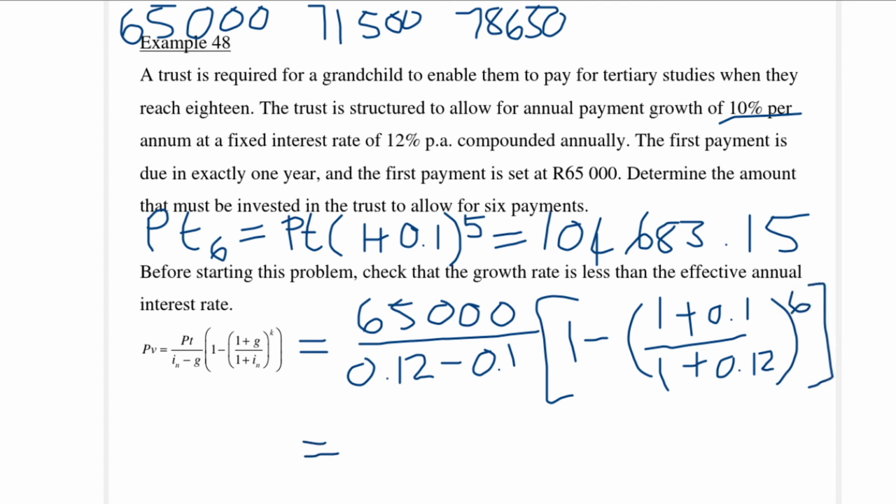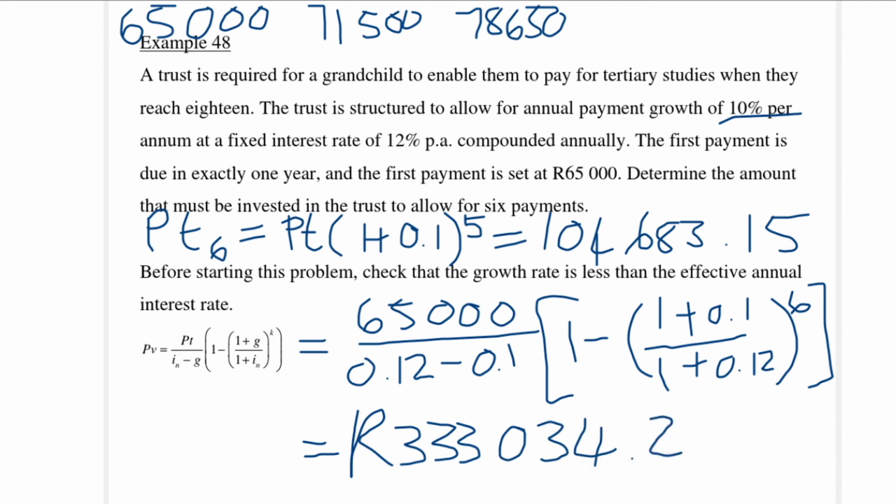So if we do that substitution, we get the original amount that needs to be invested in this trust: 333,034 rands and 21 cents.